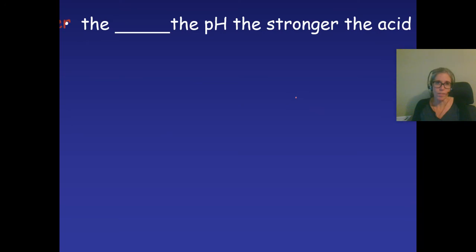Okay, so the lower the pH, the stronger the acid. So what does that mean? If you have a scale from 0 to 14, here's 7. All of these are acids, right? But if you have a solution that is pH like 6.5, let's say, that's really close to 7. That is not a very strong acid. It's almost neutral, right?